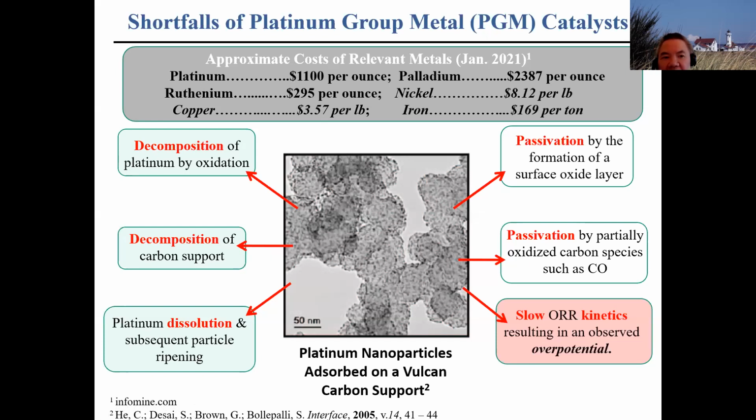Even the catalytic converters in your car catalyze other reactions which I haven't gone into, but they tend to use things like platinum and ruthenium, which are very, very expensive.